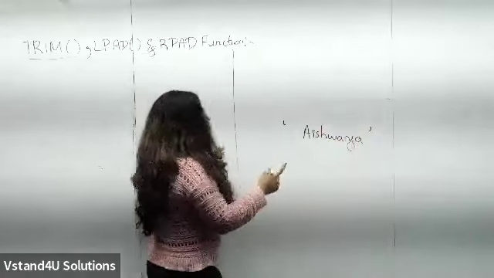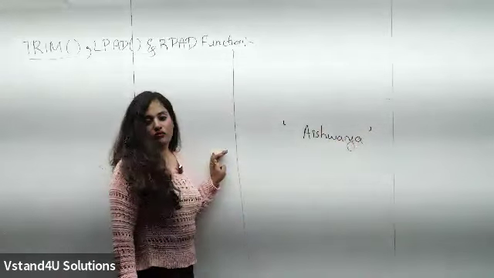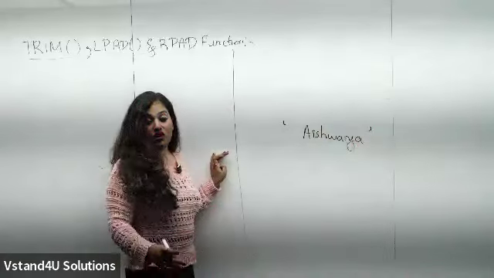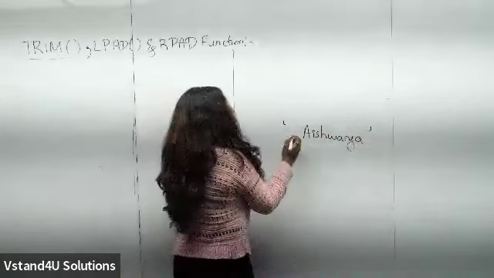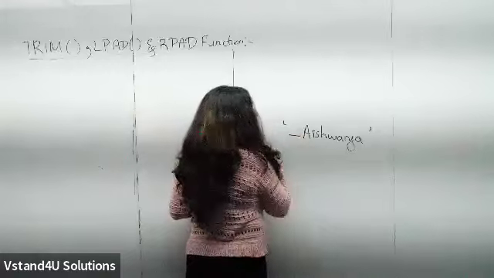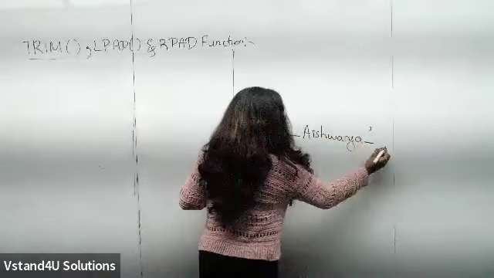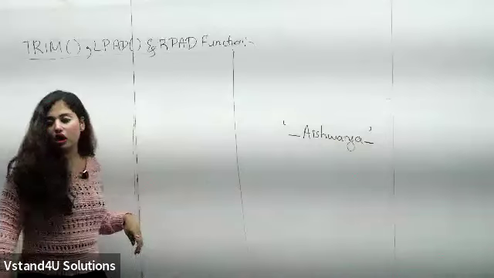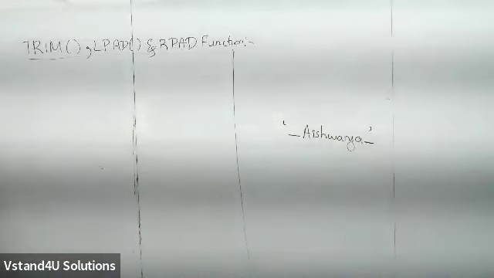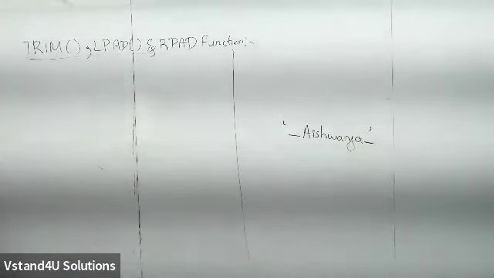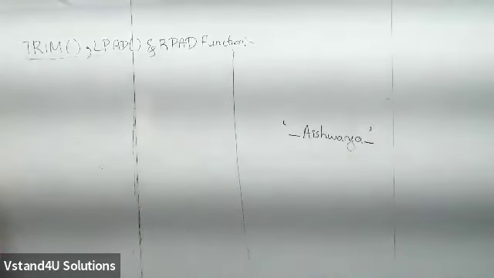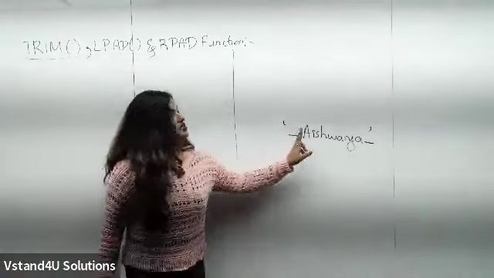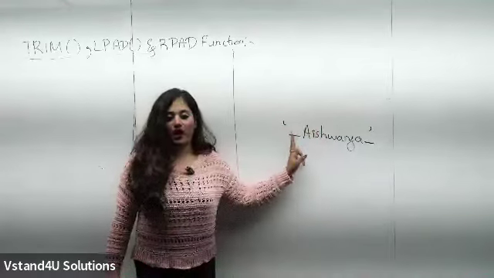Now, what is the difference here? If you can observe, I have given a few spaces at the starting and a few spaces at the ending. Yes or no? So now just take down that. Before the string, see now, this is a string. Before the string, you have space.